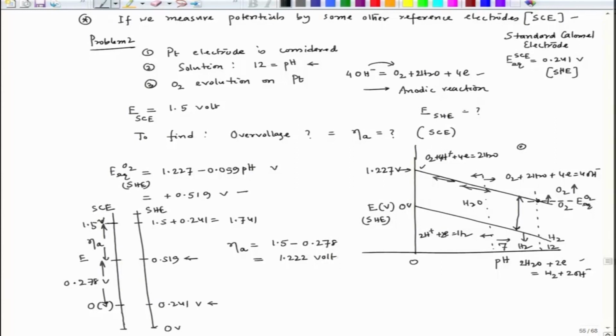This is going to be the over voltage I would experience, because this point corresponds to the standard calomel electrode, where I will see the voltage to be 0.278 volt. So, this becomes my eta A, and this is the value we are going to see.